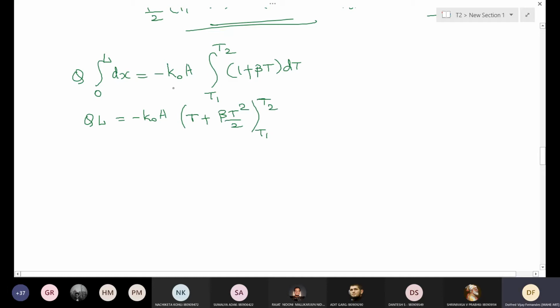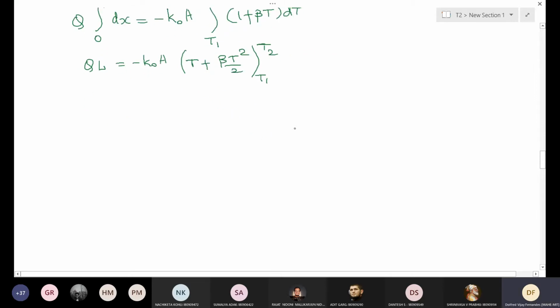Otherwise, since the minus sign is there, you can take that minus sign and interchange the limits. That also you can do. So now apply the limits, and you can write this as minus K0 A into T2 plus beta by 2 T2 squared minus T1 minus beta by 2 T1 squared.